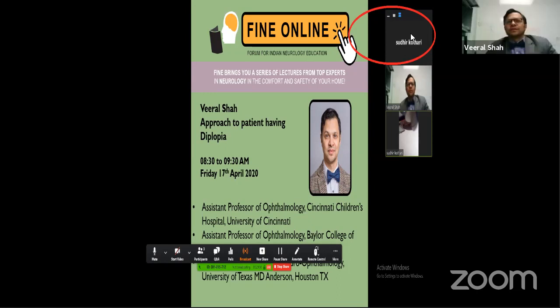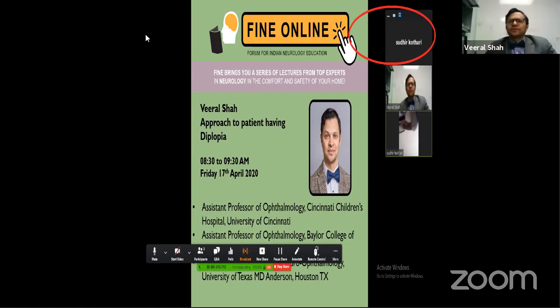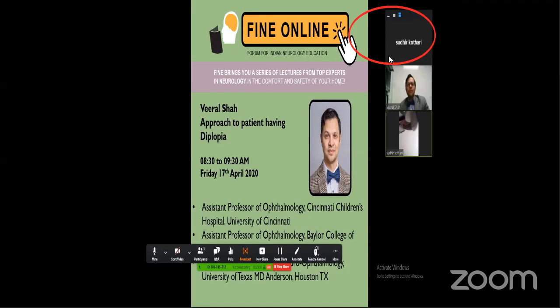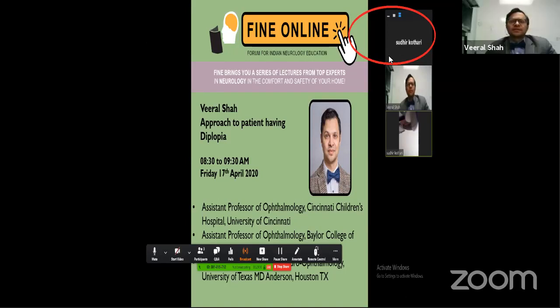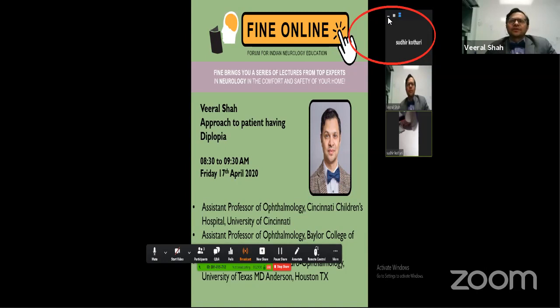Now you can click the double blue box. I don't see a double blue box under Dr. Kothari's name at all. There's no blue box like this. Is there this small icon? There's an icon that says gallery view.